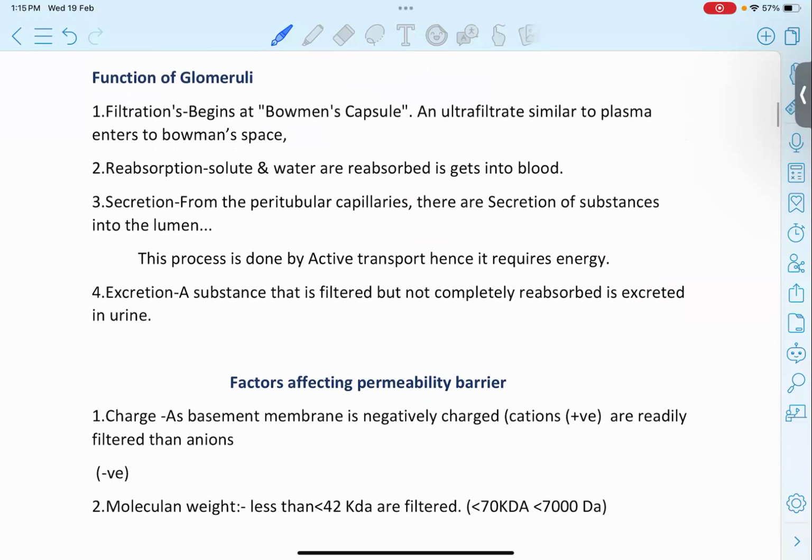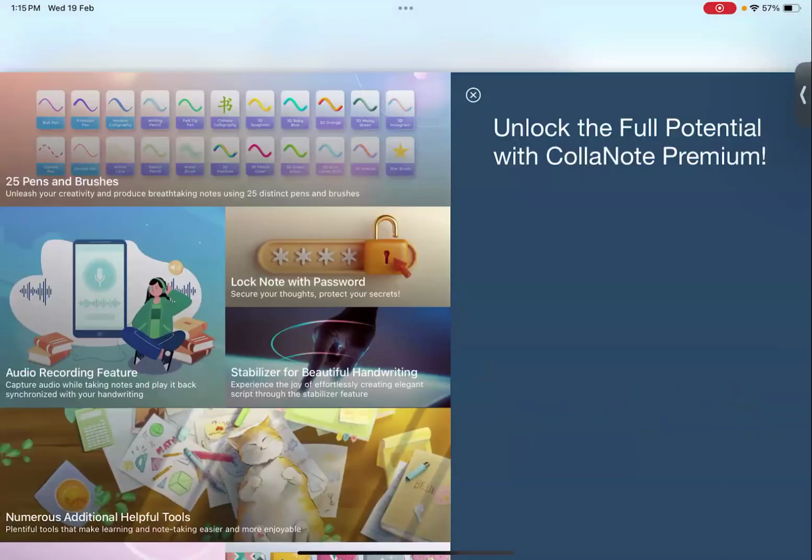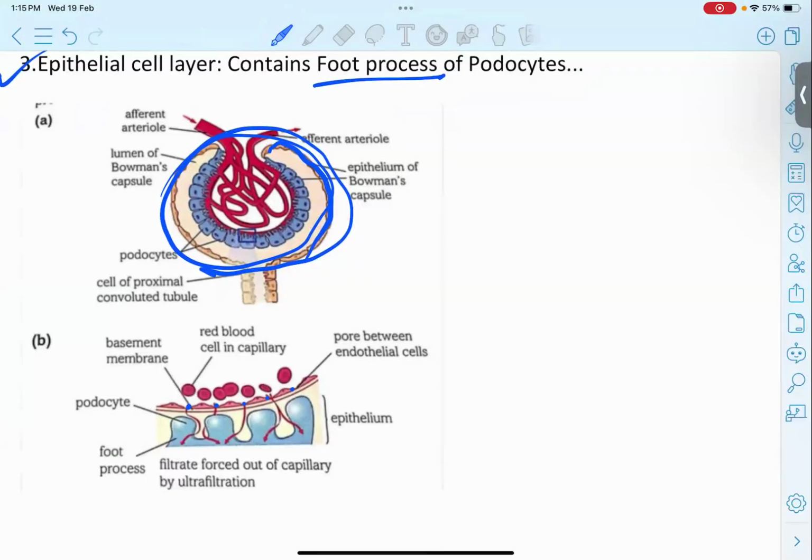And glomeruli, filtration. So now filtration will start in the Bowman's capsule, and an ultrafiltrate similar to plasma will enter into the Bowman space. I told you the function of glomeruli will start with filtration.